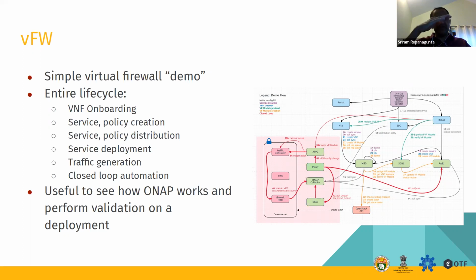So you can see the closed loop in action, where without any manual intervention, the packets are generated at a certain rate, and then over a period of time, when they cross a certain threshold, an action is automatically taken so that the packet rate stabilizes. That's closed loop automation that you can see. With this application, you can see the entire ONAP operation. And this is the simplest one for somebody to get their hands dirty and try it out.